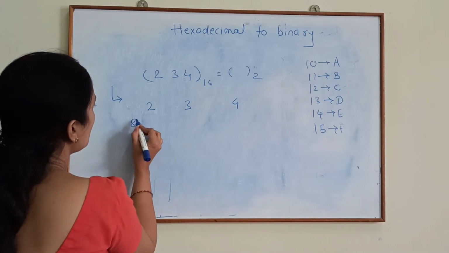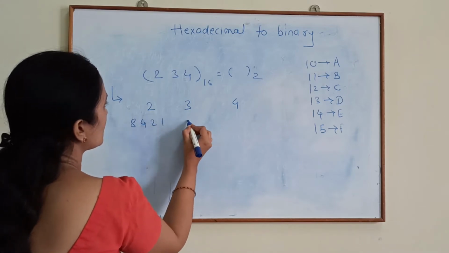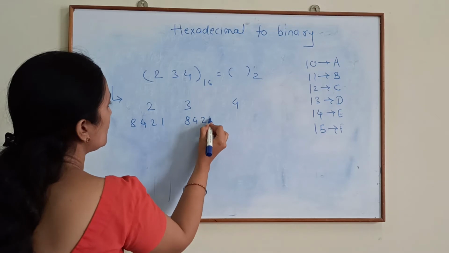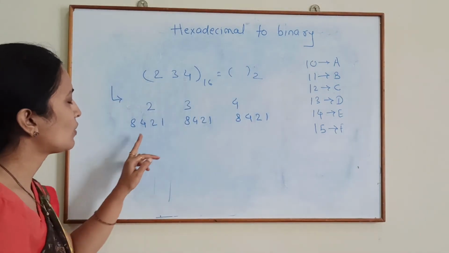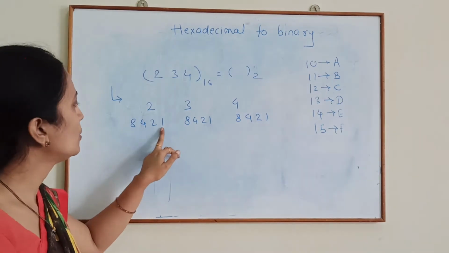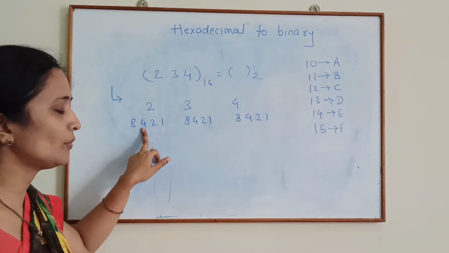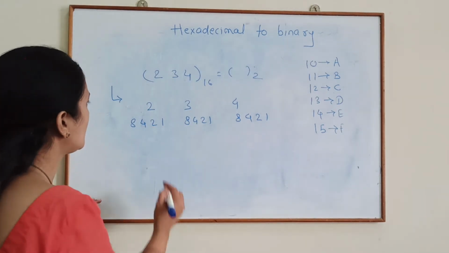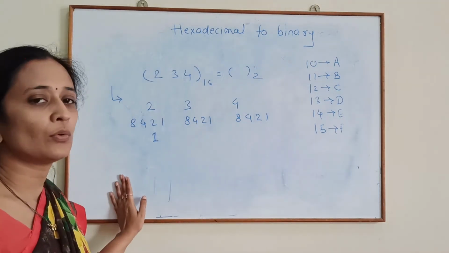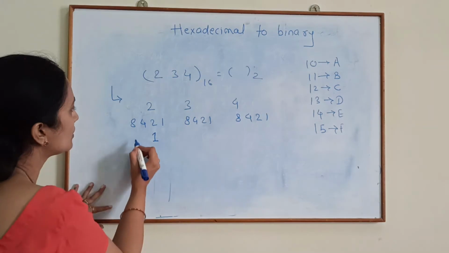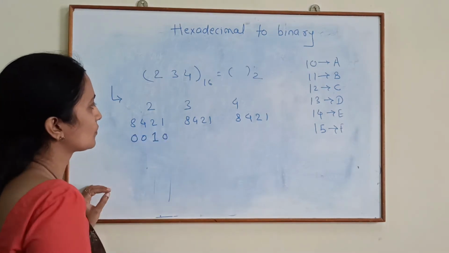Write 8, 4, 2, 1 for each. What is this 8, 4, 2, 1? 2 raised to 0, 2 raised to 1, 2 raised to 2, 2 raised to 3. 2 is the number, we don't have to add anything. Therefore, the remaining will be 0.